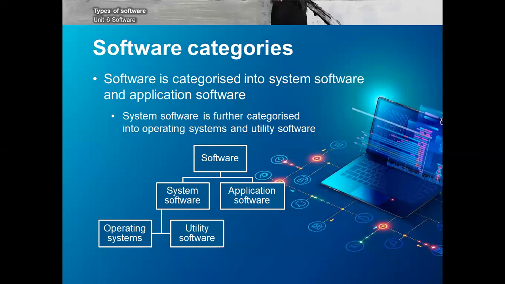Now let's categorize these software. Software is categorized into system software and application software. So let's talk about what software is. Software is a set of programs, and a program is a set of instructions. So one by one, if the instructions are coming, those can be named as a program.